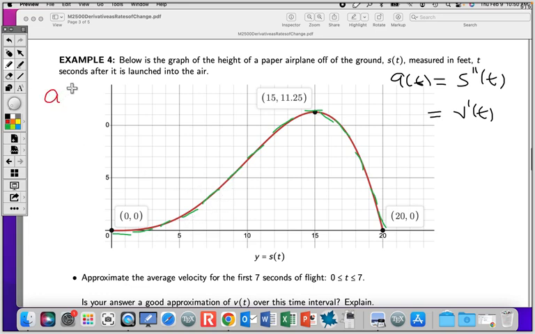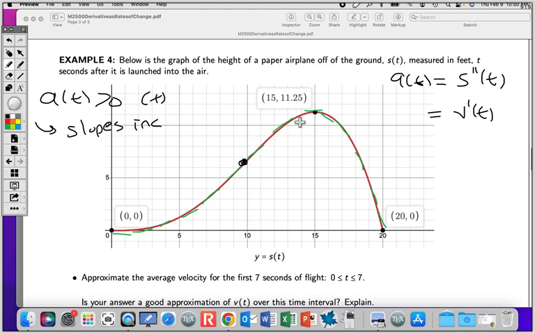So a of t being positive, a of t bigger than 0, means that the slopes are increasing. The slopes are increasing throughout here. These slopes are positive and getting steeper until right around here.